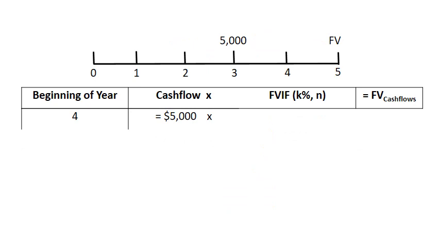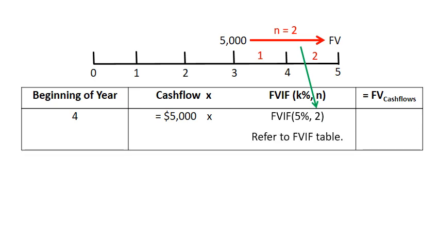Moving on to the beginning of year four, $5,000. We want to find the future value at the end of year five. So we find out what n is: 1, 2. So n equals 2. Bring that down. So it's 5%, comma, n is 2. Refer to the FVIF table.